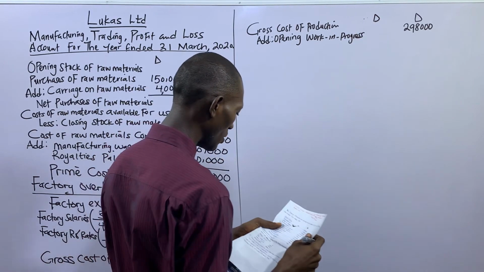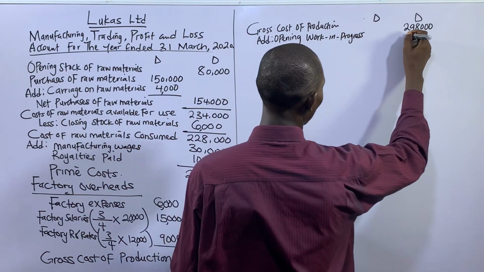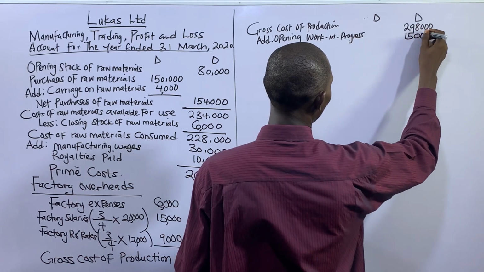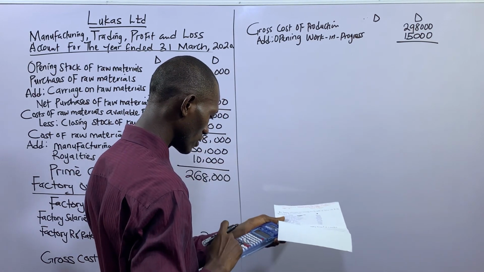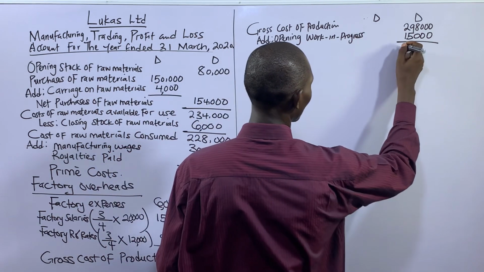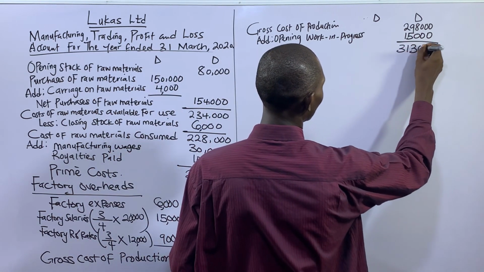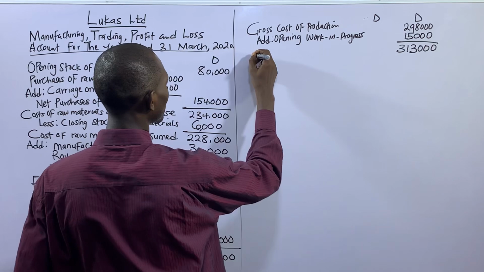That's given at the beginning of the question. That's 15,000. So we had that plus 15,000. That's 313,000.